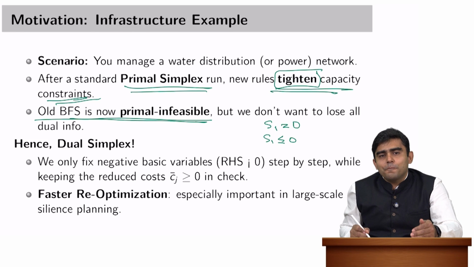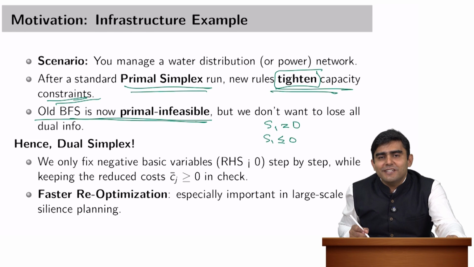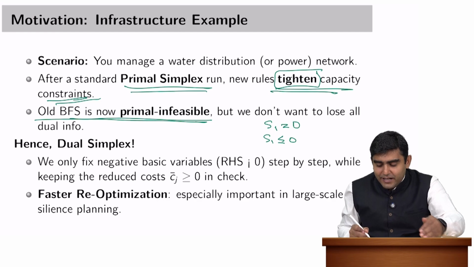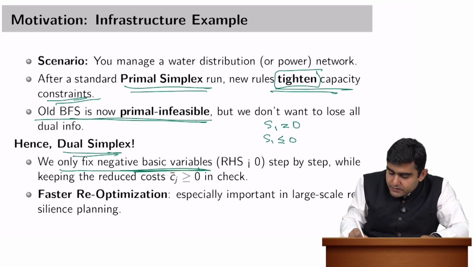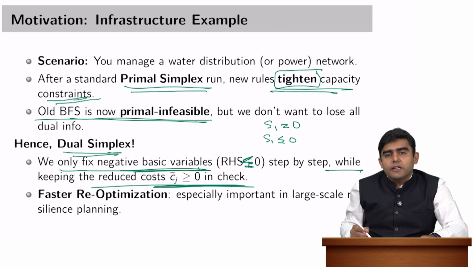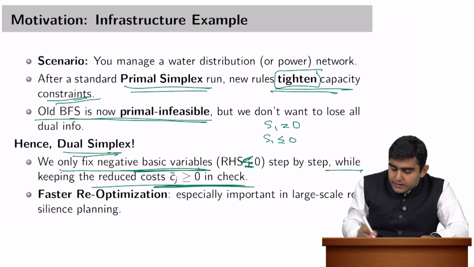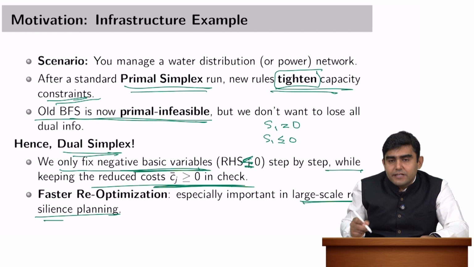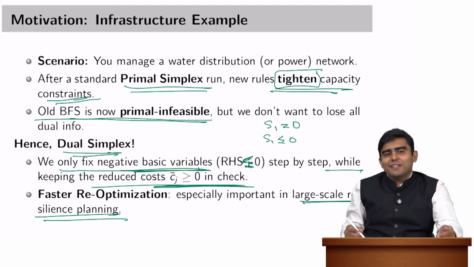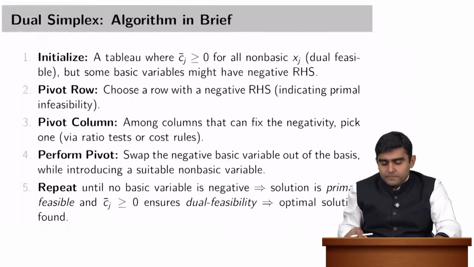So now your optimal solution has been driven towards infeasibility, and hence we bring in the dual simplex method. We only fix negative basic variables. This should be RHS less than or equal to 0, step by step, while keeping the reduced cost in check. So this is a faster way for re-optimization, especially when we are dealing with large scale resilience planning where resources are coming and resources are going.